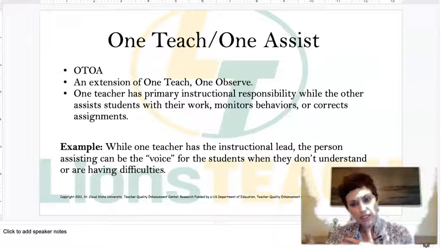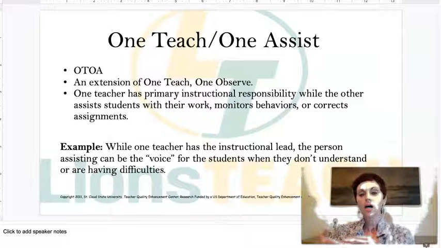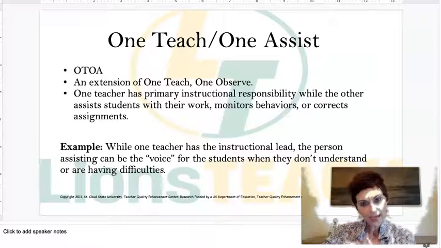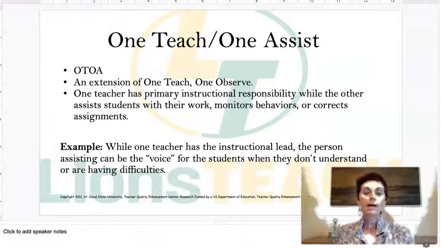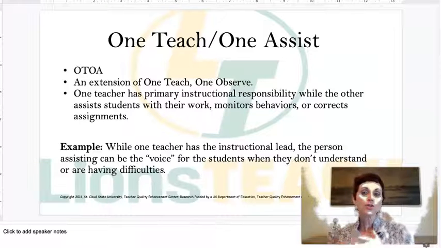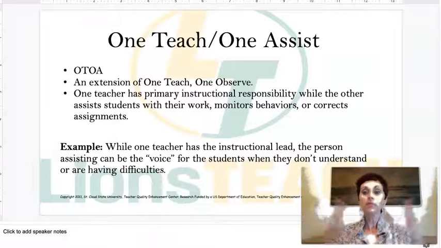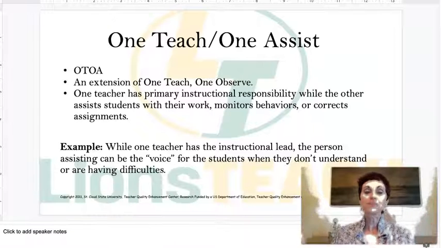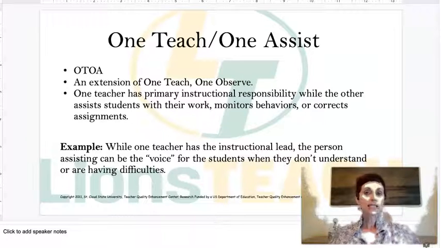Are you understanding what we're doing? Why did you mark that answer? Can I clarify that for you? There also may be an opportunity where the one assisting may interrupt some of the instruction to say, we've got a few kids here who are having trouble.